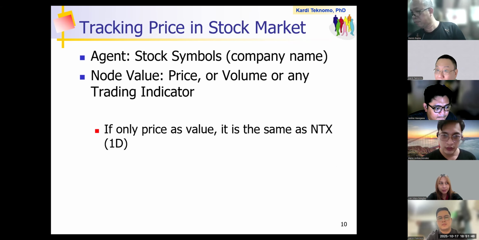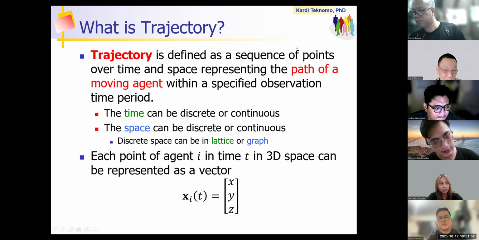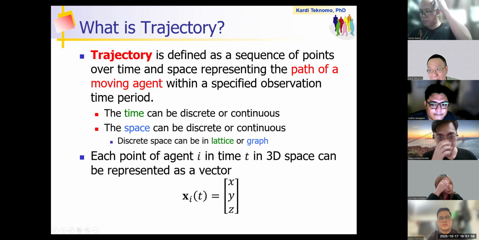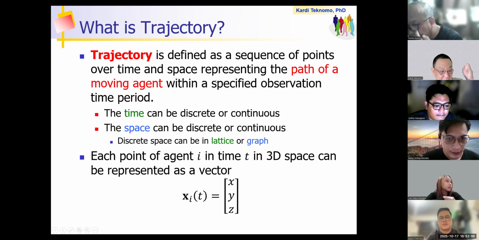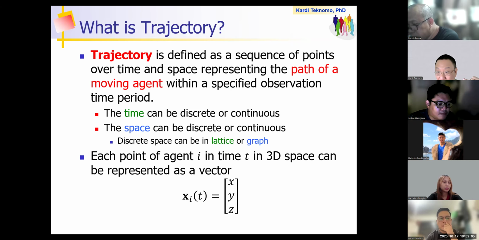What is trajectory? It's defined as a sequence of points, or node sequence, over time and space. That means you have the agent, you have the space, which is up to you to define, and then you have the time. Of course you have nodes.